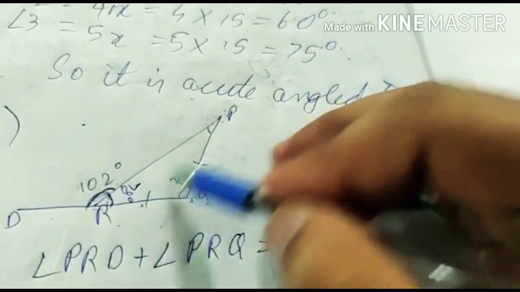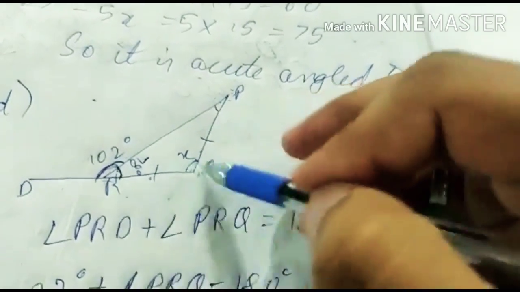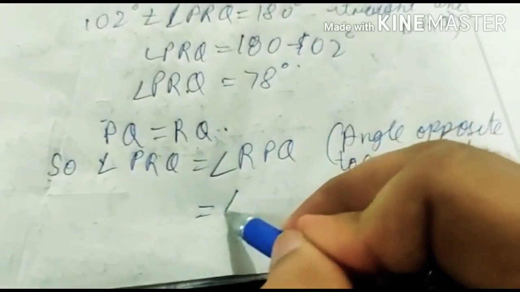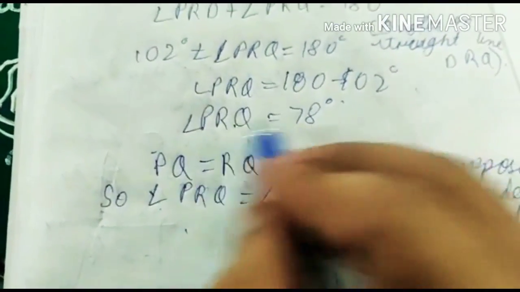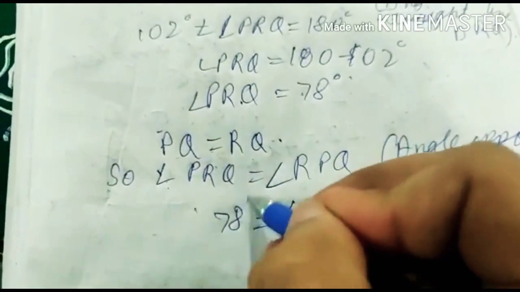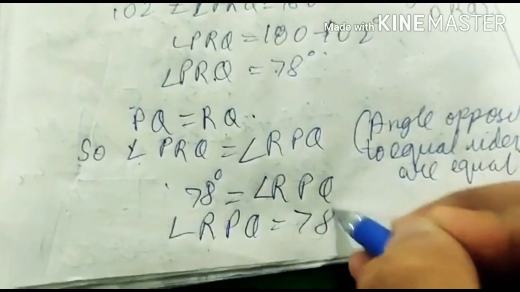I told you before that PQ is equal to RQ, single dash. So the angle in front of PQ is this 78, the angle in front of RQ is P. So these two angles are equal. So angle RPQ is equal to angle PRQ, which is 78 degrees. So angle RPQ is equal to 78 degrees.